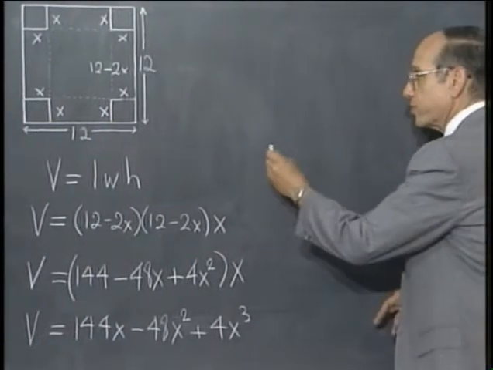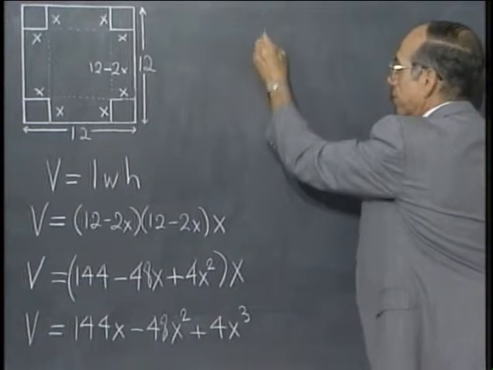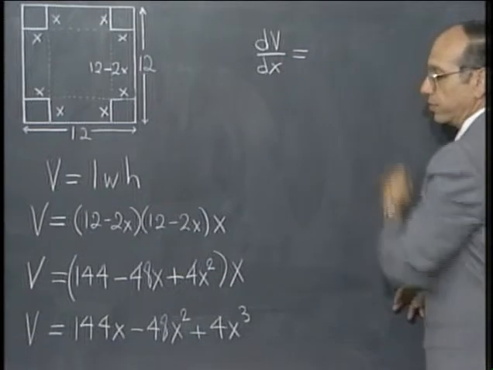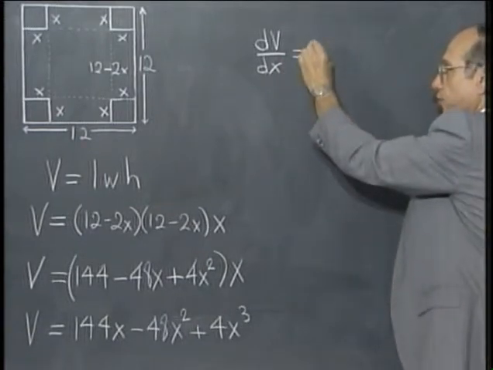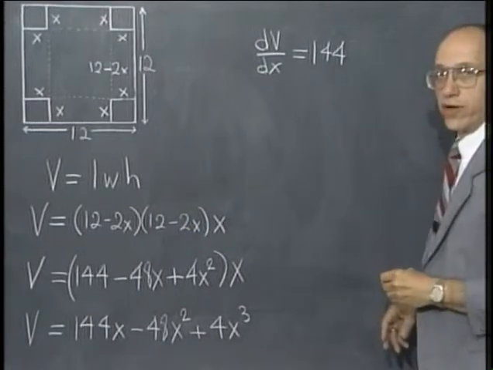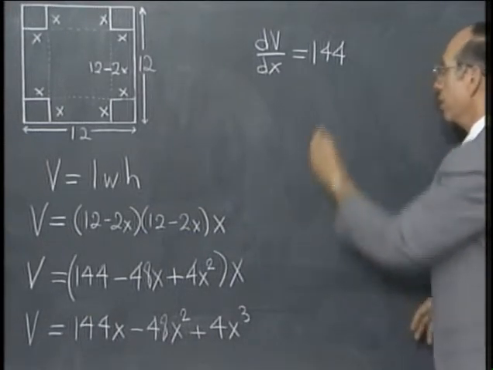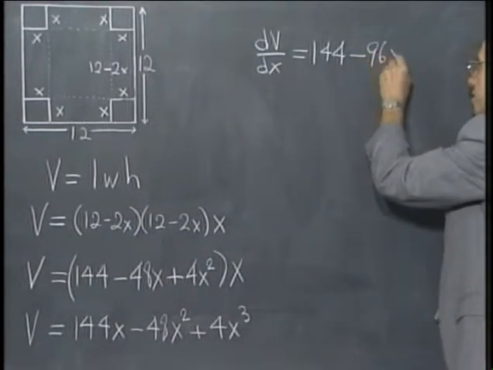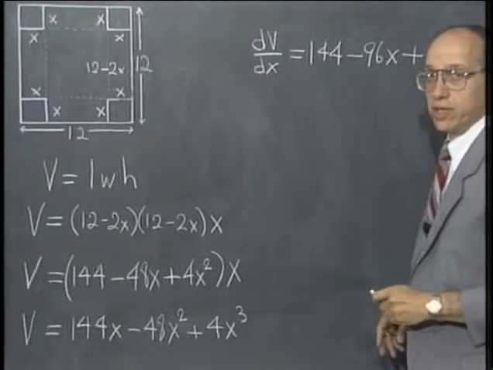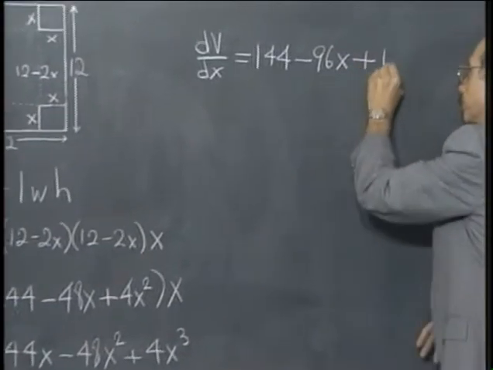The derivative of V with respect to x, dV/dx, is equal to the derivative of 144x, which is 144. The derivative of minus 48x squared is minus 96x. And finally, the derivative of 4x cubed is 12x squared.